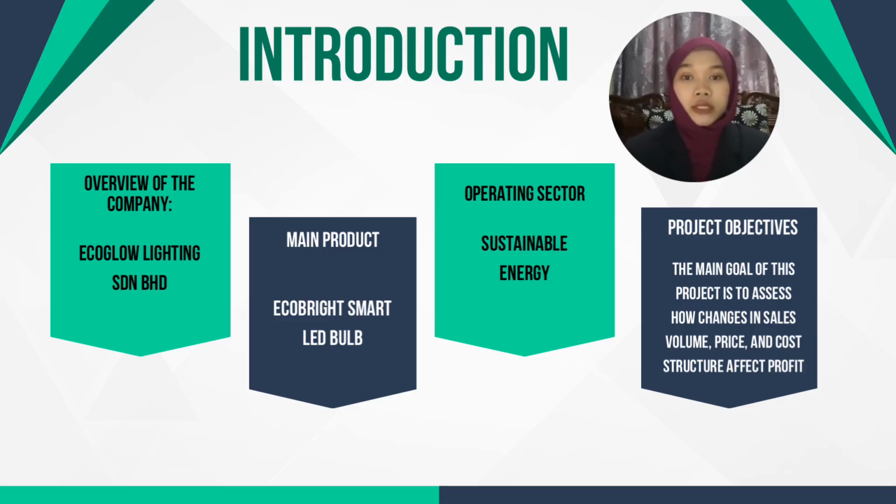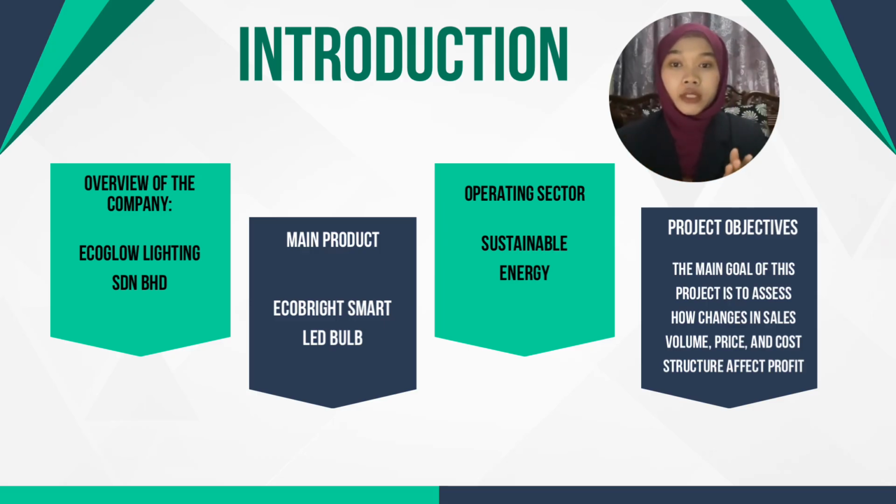Now, our group is presenting a CVP analysis for EcoGlow Lighting Neighborhood, a company that manufactures smart LED bulbs called EcoBright. The company operates in the sustainable energy industry and sells its product to agents and online platforms. This analysis helps management plan for 2025 in terms of profitability and cost structure.